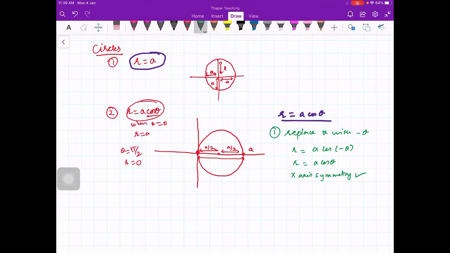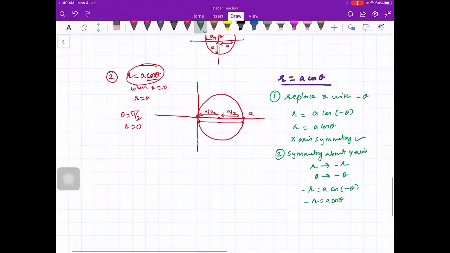Right, now you will check symmetry about the y-axis. What will you do? For that, you will replace r with minus r and theta with minus theta. So what will you get? Minus r is equal to a cos of minus theta, minus r is equal to a cos theta. So you don't get your curve back.